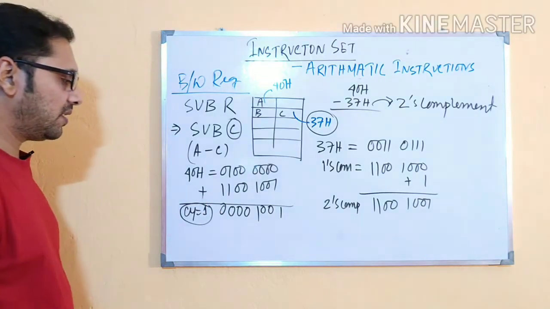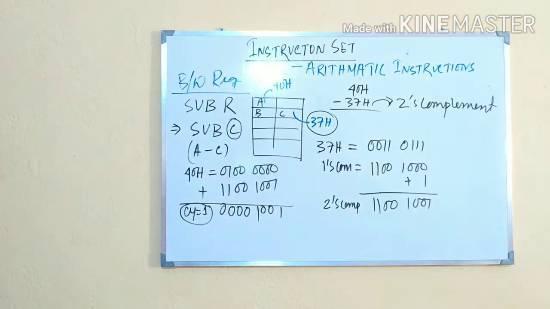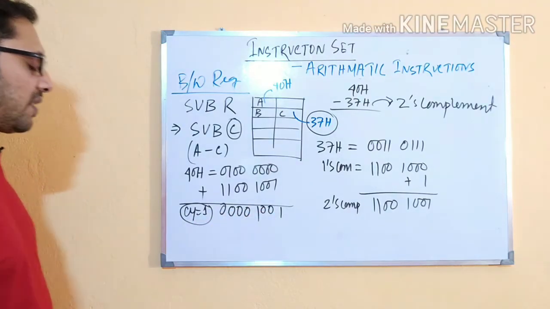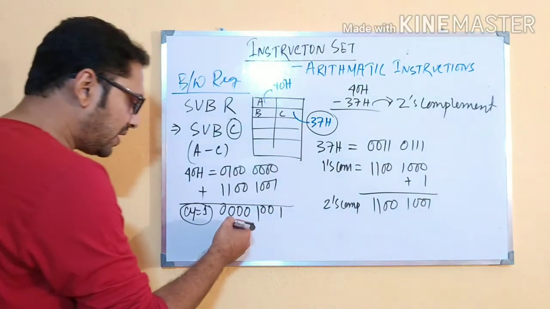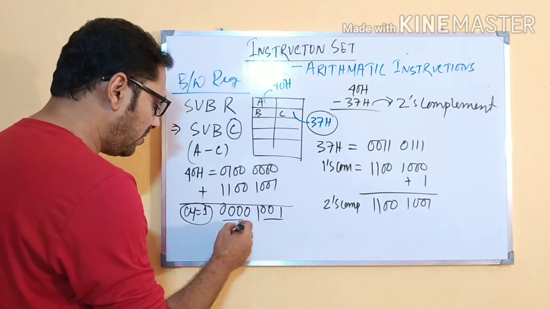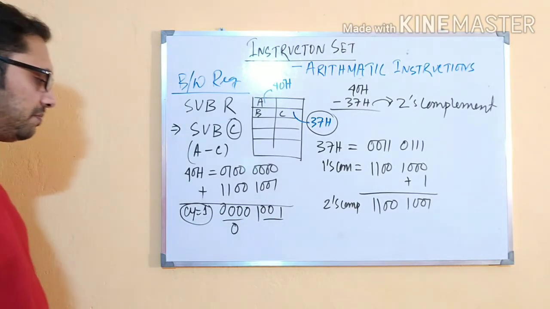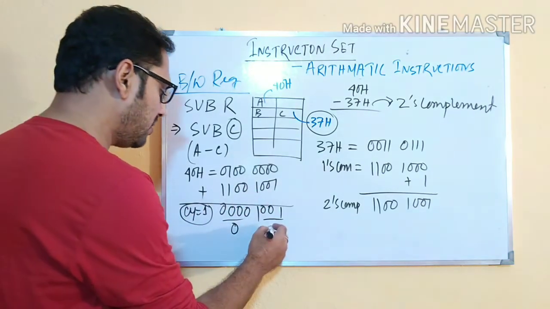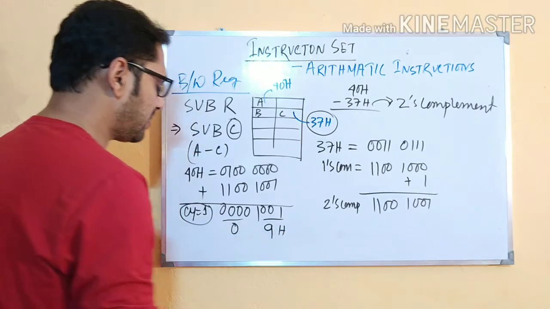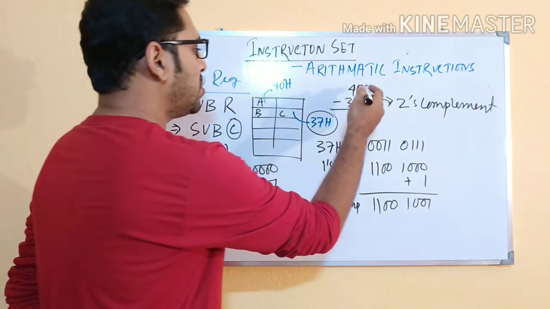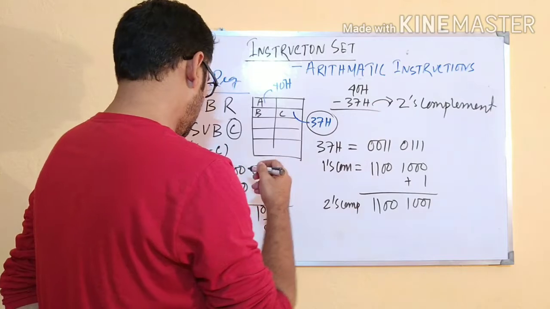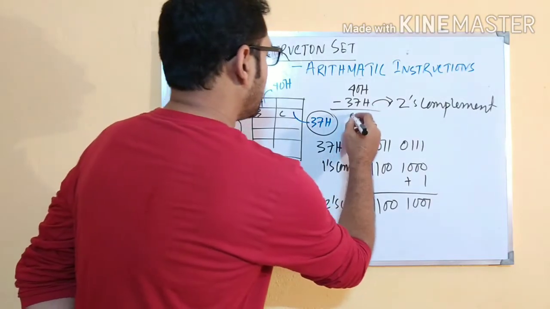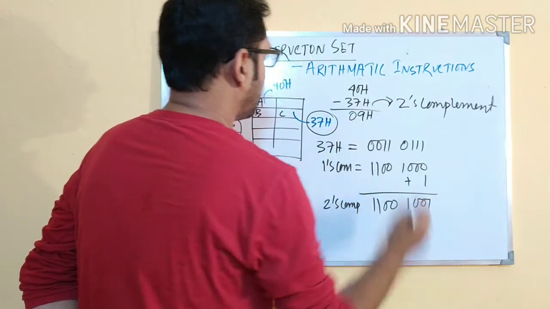Remember this one. Here the carry flag is 1 and the result is this one. If I convert this value into hexadecimal, then what is the value? This is 0, this is 0, 1 0 0 is 8, 1 0 1 is 9. So 09 hex. That means 40 hex minus 37 hex is 09 hex.